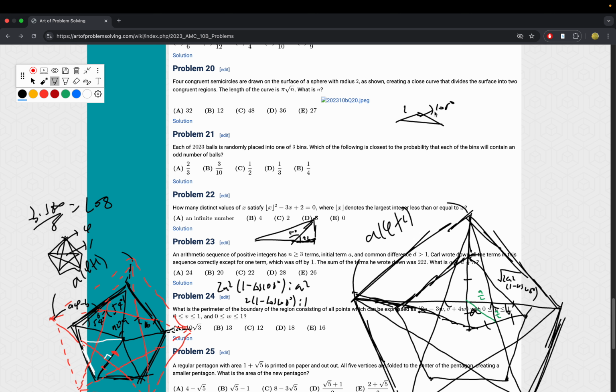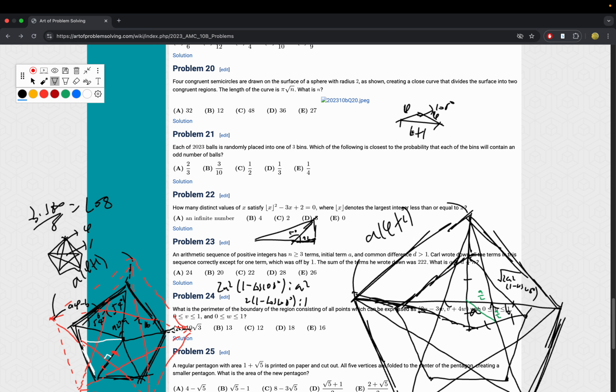Let this length be 1, this one. We can find the length of this as golden ratio. So, 1, v, 1 plus v. Let's say this is v.